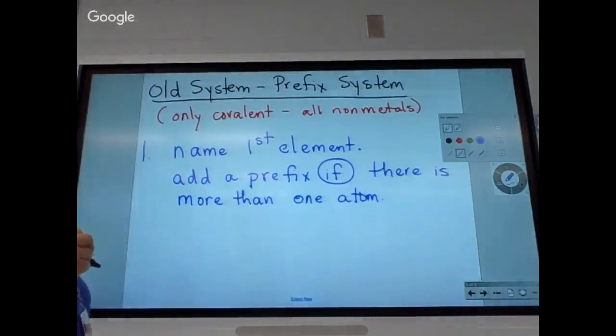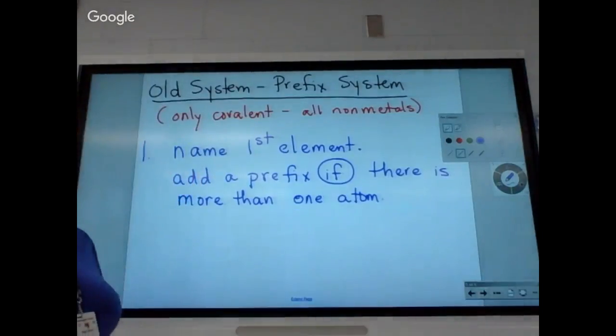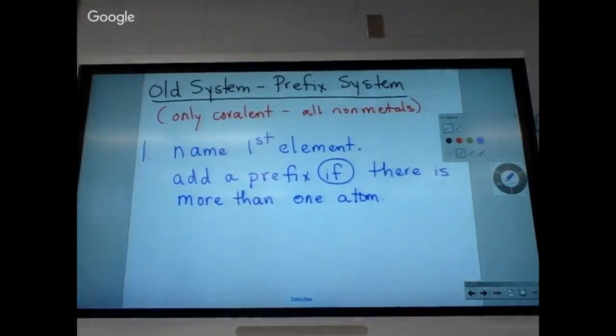Okay? We will only add a prefix if there's more than one atom. For example, 2 or 3.